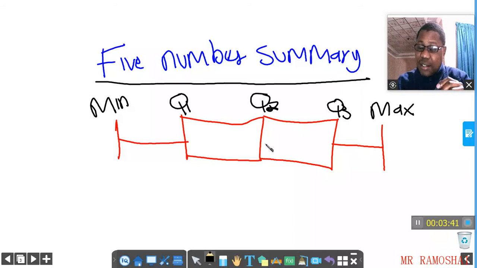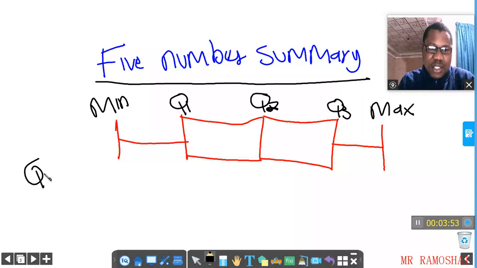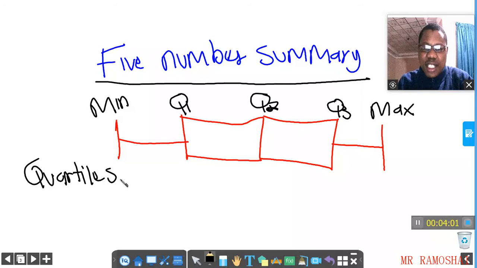Let's talk about these middle numbers that I have just mentioned, these quartiles. Guys, these quartiles, what are they? These quartiles are middle numbers. I'll tell you why.